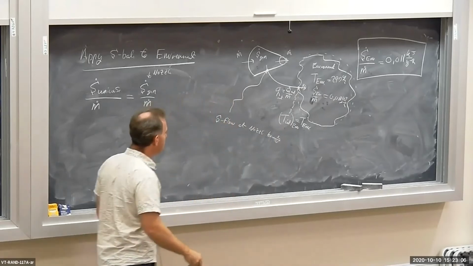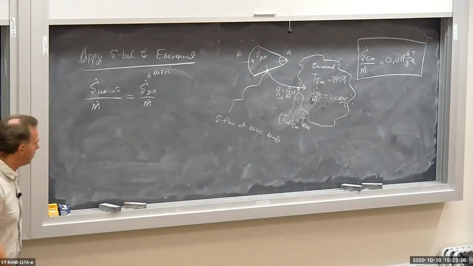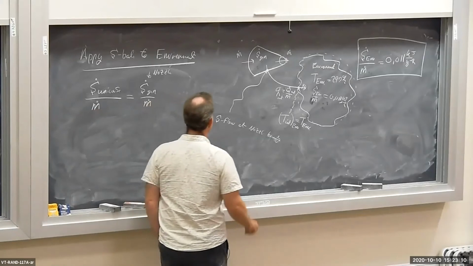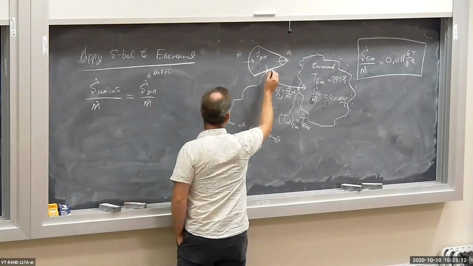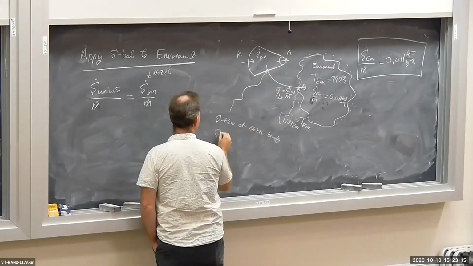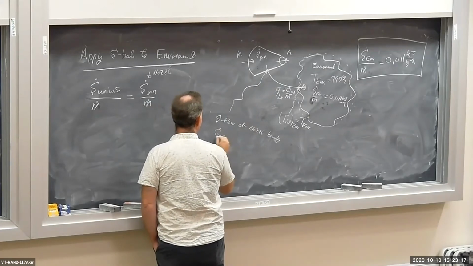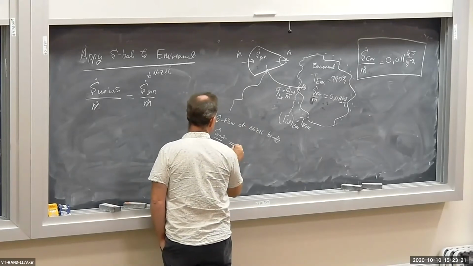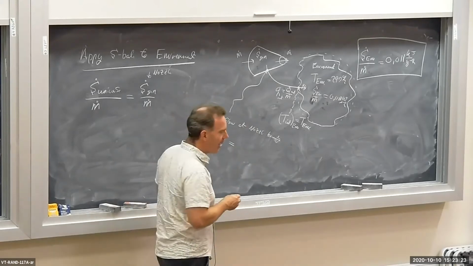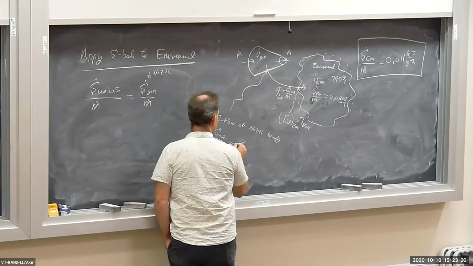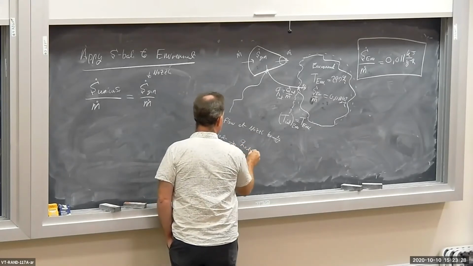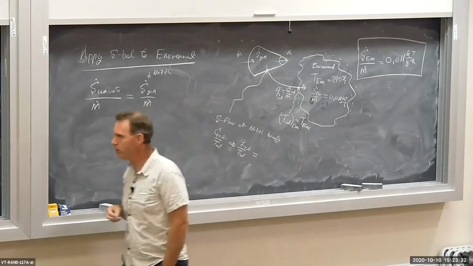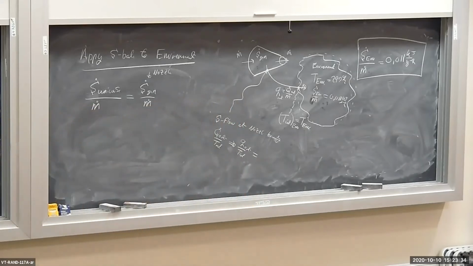Let's calculate the S flow right at the nozzle boundary. The flow of entropy at the nozzle boundary is equal to Q dot out over the interaction temperature. Or per unit mass flow, Q out over the interaction temperature. And that's the interaction temperature for the nozzle.